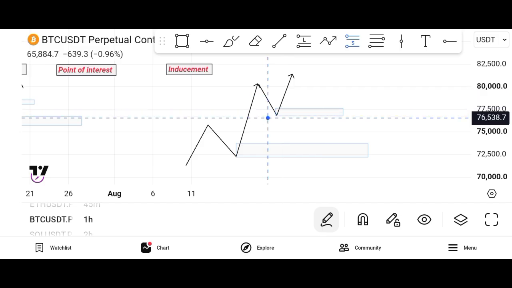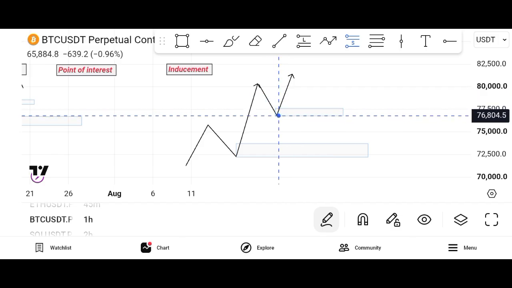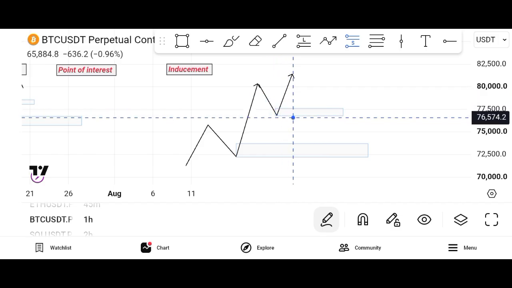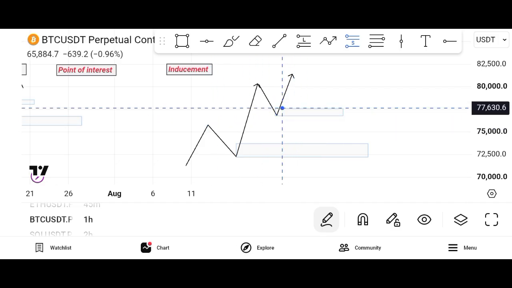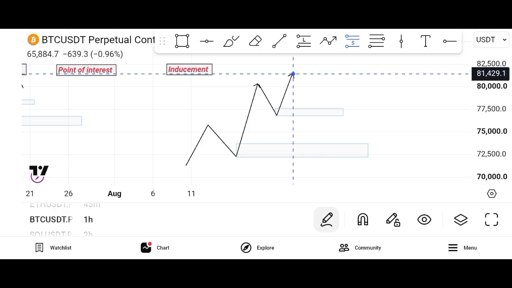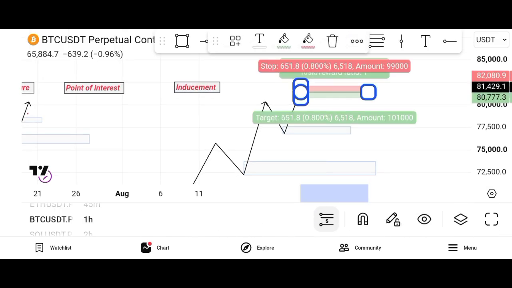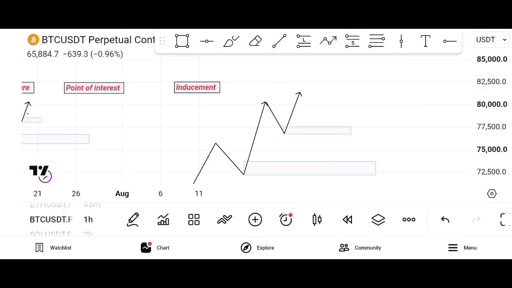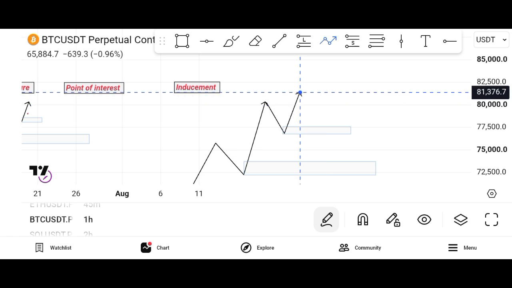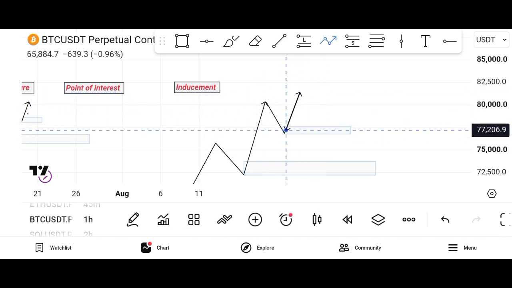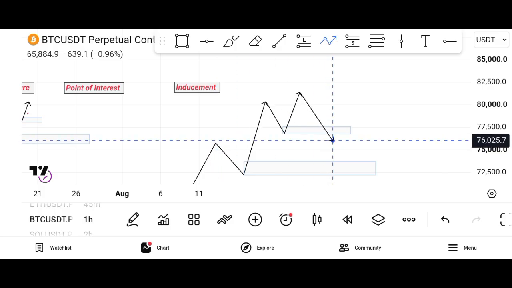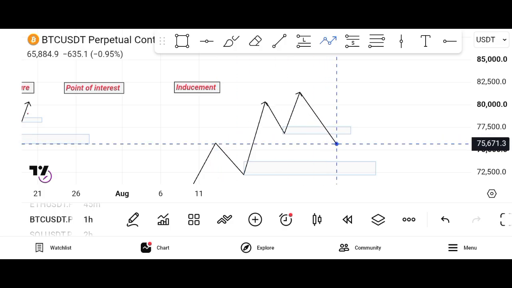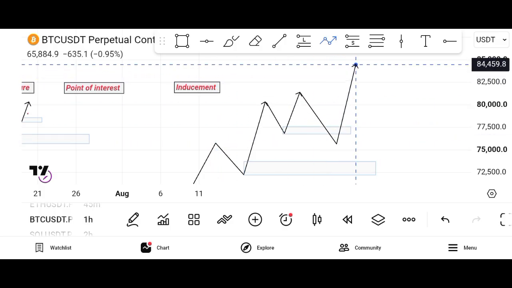So if what you mark as inducement is not a zone that could actually make some people take action, then that inducement might not be a high probability inducement. So that is just the idea behind inducement here. The chart will reverse to induce some traders, before respecting from the main key level it's supposed to respect from, and continue pushing to the upside.